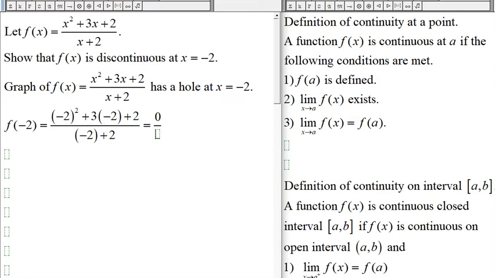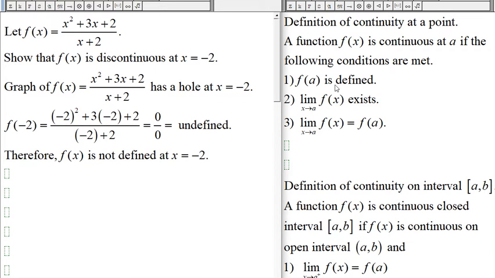And we end up with 0 over 0, which is undefined. And therefore f of x, the function, is not defined at x equal to negative 2.